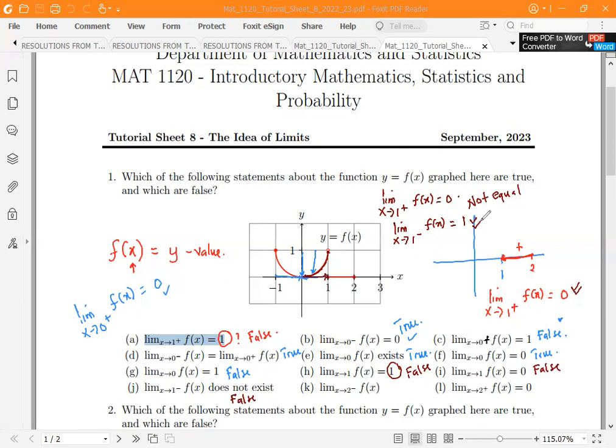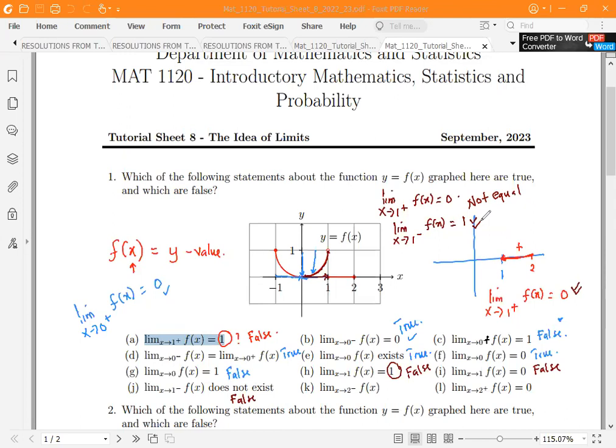Sir, hello, sorry, I've got a question here on the same function. At the limit as x approaches 1 from the right, let's say I'm starting from 2 here, coming towards 1, for me here it is showing that at 1 from the right, the y value is 1.